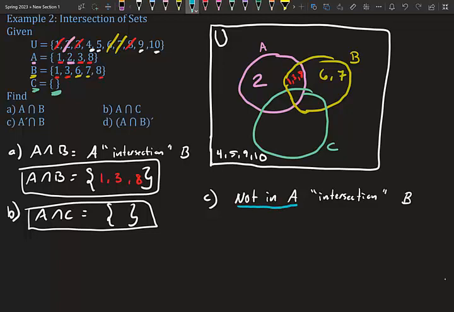Now we need to list the numbers, every number that's not in the pink circle. So every number that's not in the pink circle, you're going to list it. So all of those numbers are 6, 7. It does not need to be in order. And then 4, 5, 9, and 10.